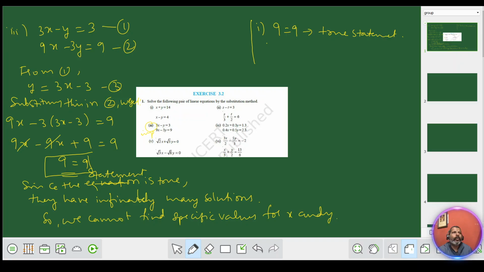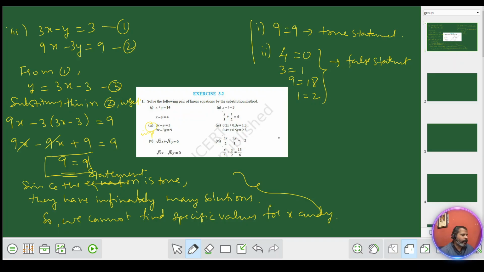What is the other condition we may get? This is not required for this question's solution, but as a whole, we should know. Sometimes we get 4 equal to 0, or 3 equal to 1, or 9 equal to 18, or 1 is equal to 2. Anything which is a false statement. When it is a false statement, what we have to write at the end of the answer is, since the statement is false, the solutions are inconsistent.